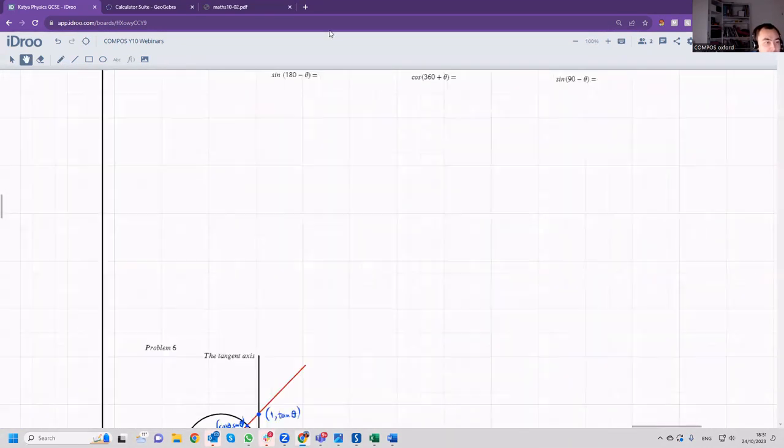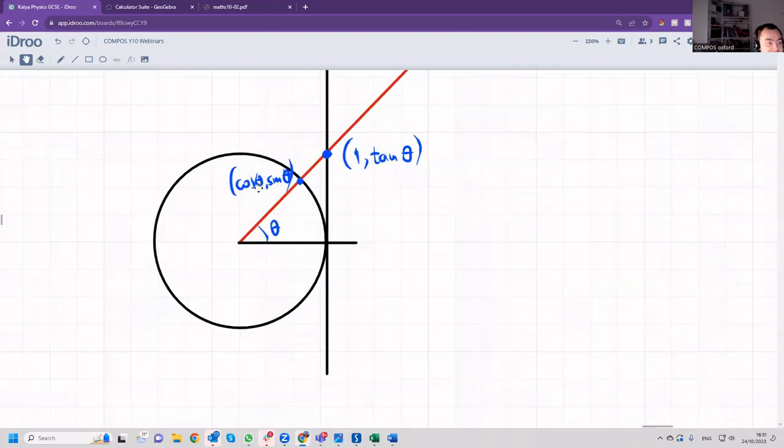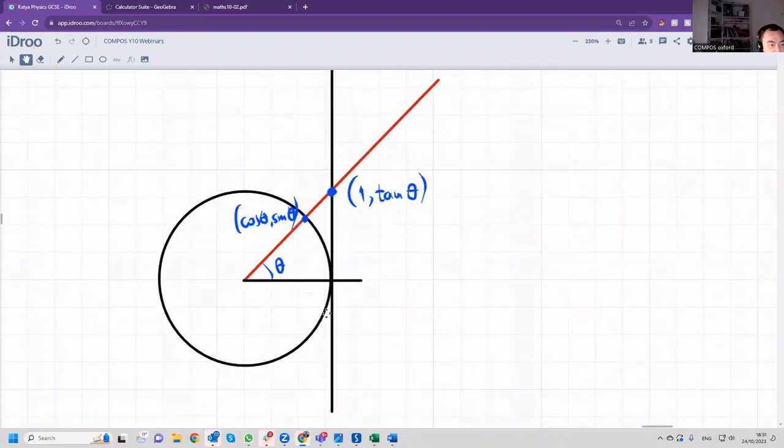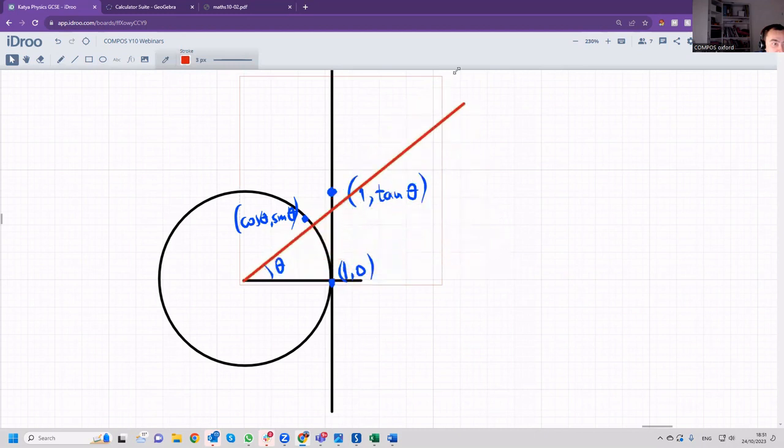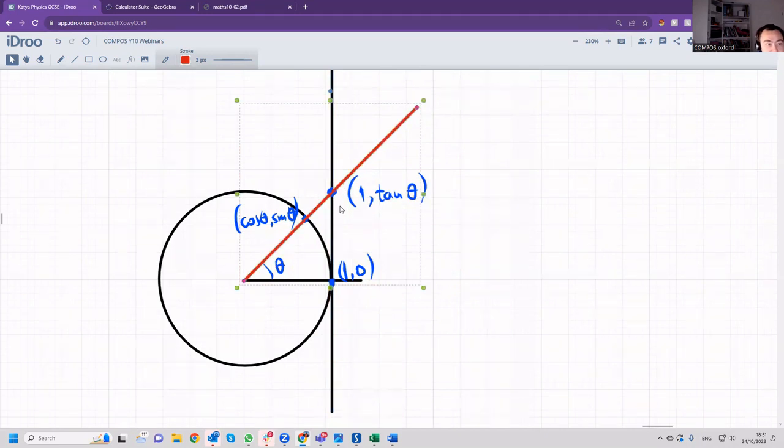Okay, so moving on to problem 6, the tangent axis. If we draw a line through point 1, 0, then the coordinate of the intersection of this line, which we can move, where it crosses the axis, that is the tangent.